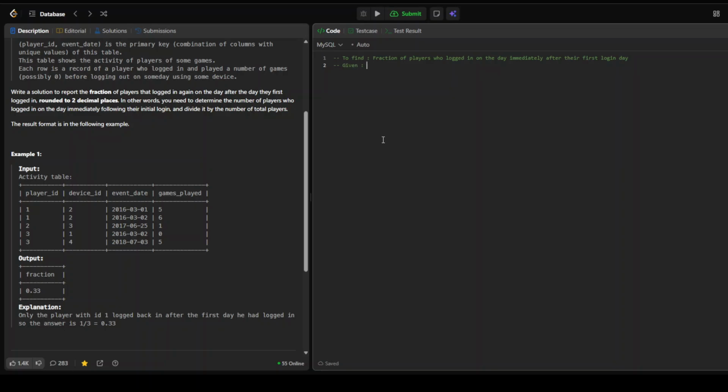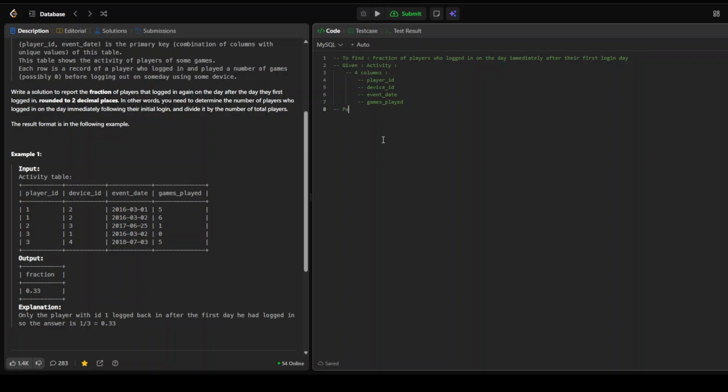We have been given a table called activity, which has 4 columns: player ID, device ID, event date and games played.